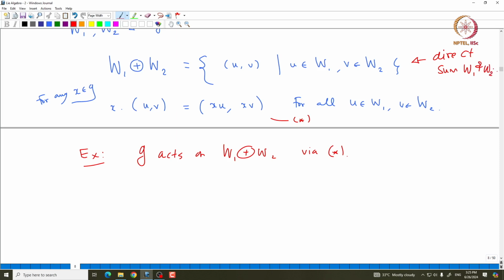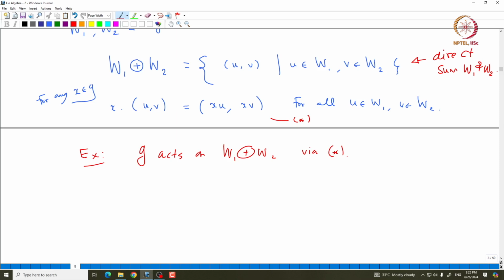A module is said to be a direct sum of finitely many modules W1 etc. Wk, if it is isomorphic to W1 direct sum etc. direct sum Wk. It is easy to generalize this notion to any finitely many direct sums. I will leave it to you.